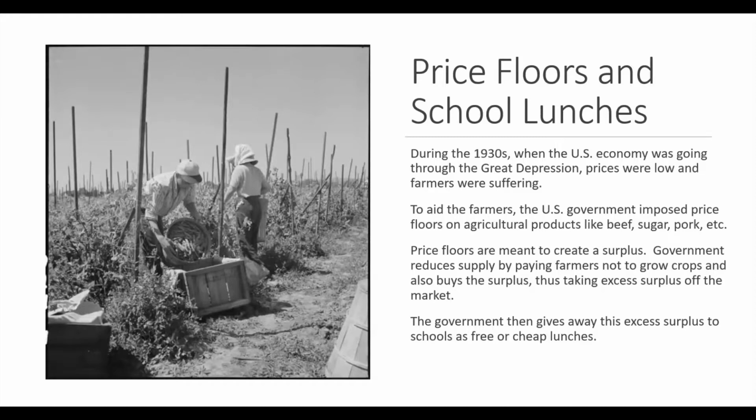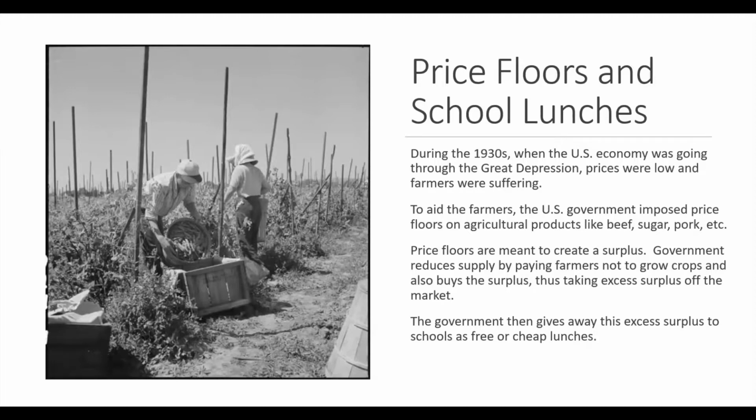Price floors are meant to create a surplus. Government will reduce the supply of the product by paying farmers not to grow crops. And the crops that are produced are bought by the government, and the government takes that excess surplus off the market. This food is then given away to schools as free or cheap lunches.